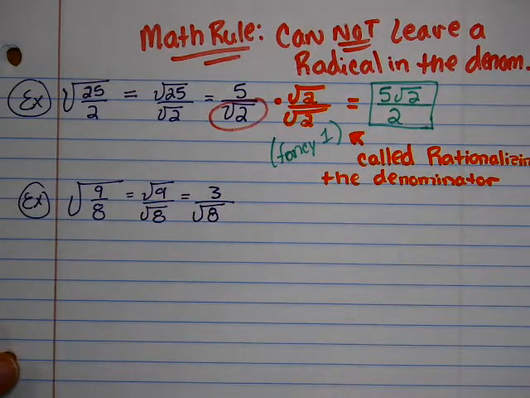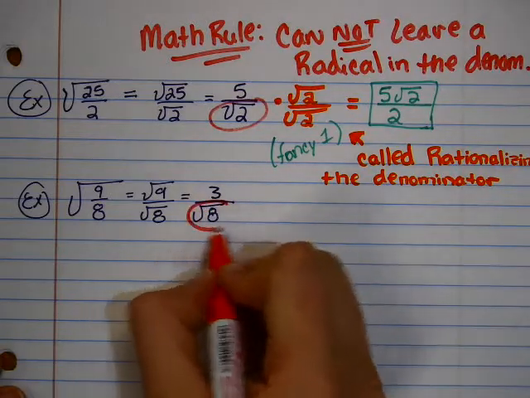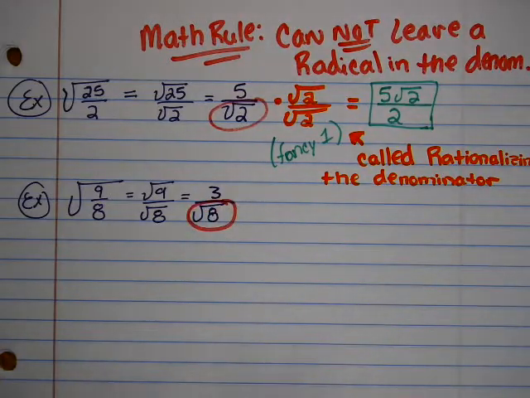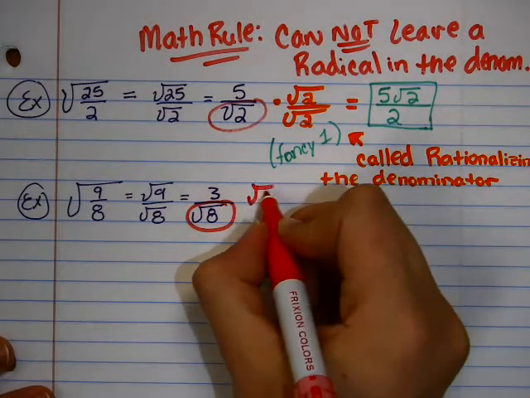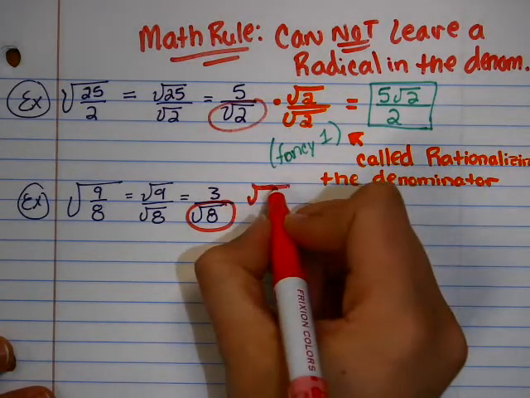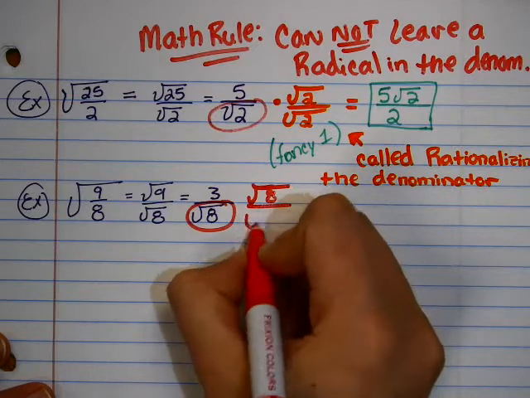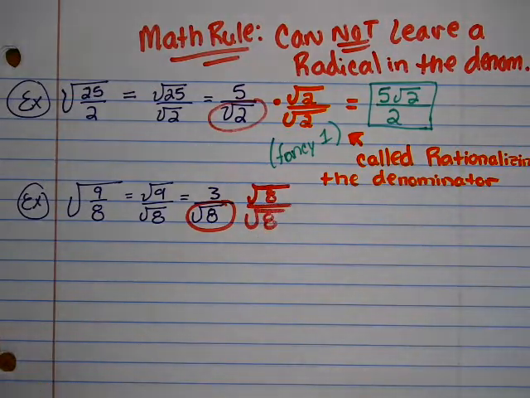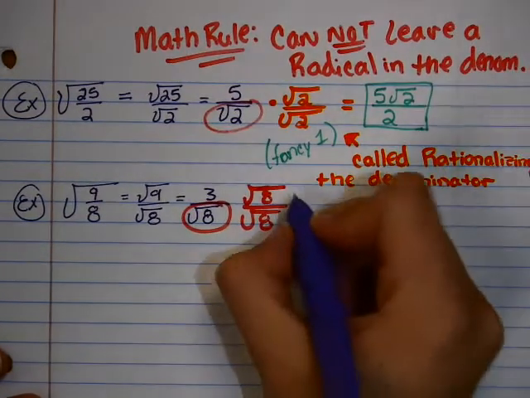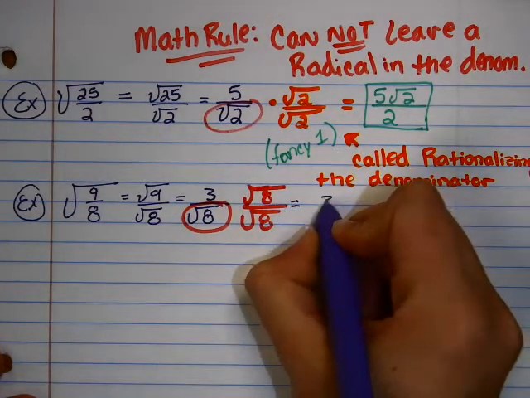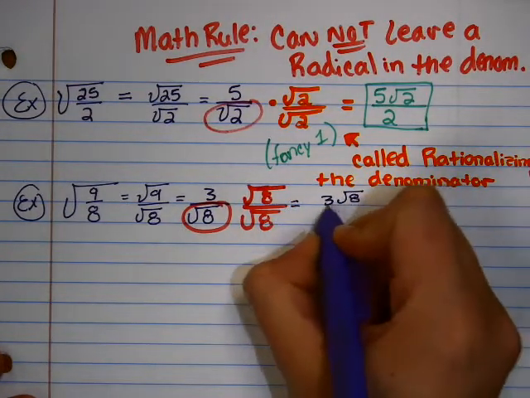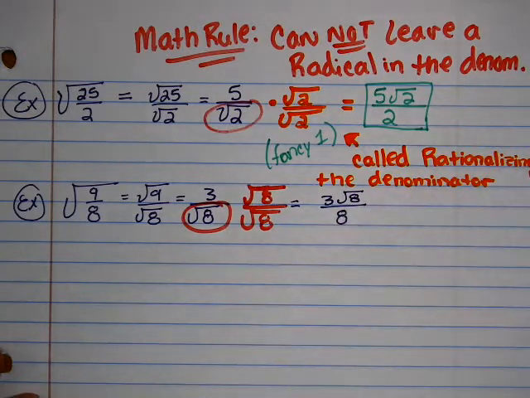There's my red flag: there's my square root in the denominator. I've got to multiply it out with the fancy one. So I'm going to take the square root of 8 over the square root of 8. And then I'm left with 3 square roots of 8 over 8.